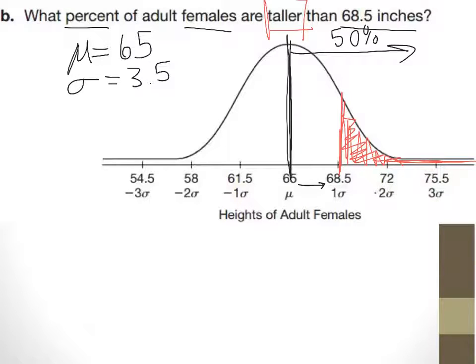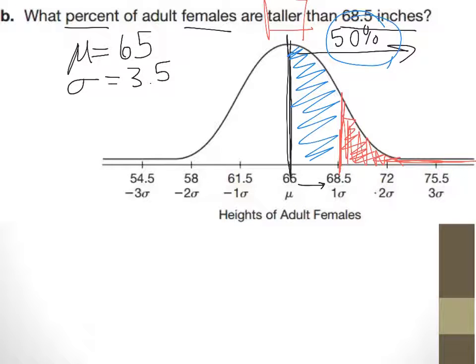So if I can find this blue area in here, I can simply subtract that from 50 to get my red area out here. Okay, because red plus blue would equal the 50% of the entire tail on the right. Okay, so that's a little bit different than the way that I've been setting it up. But essentially, it all works out the same way.